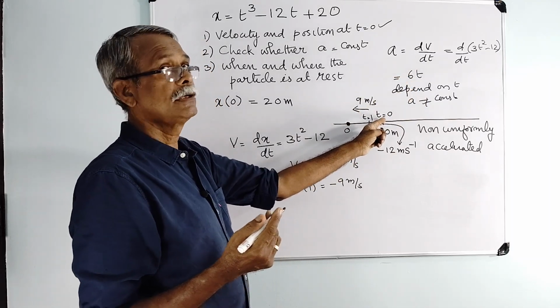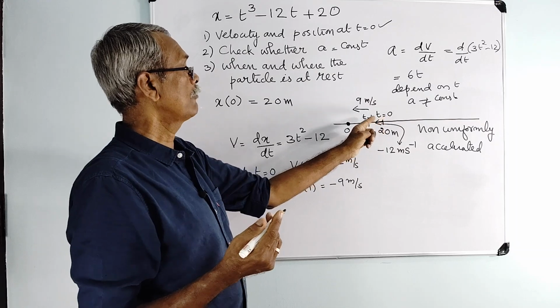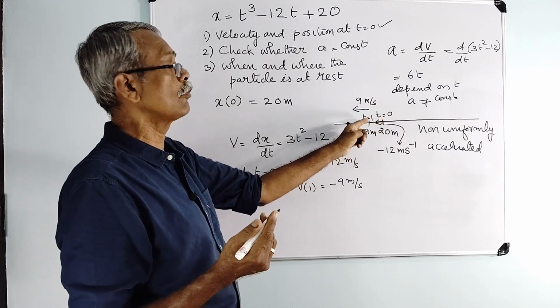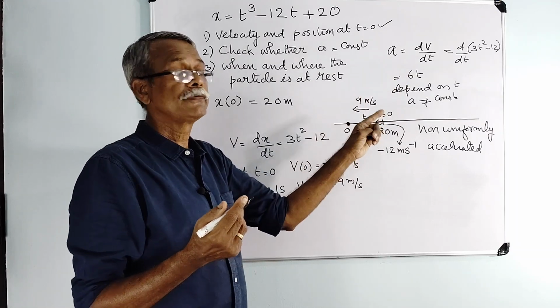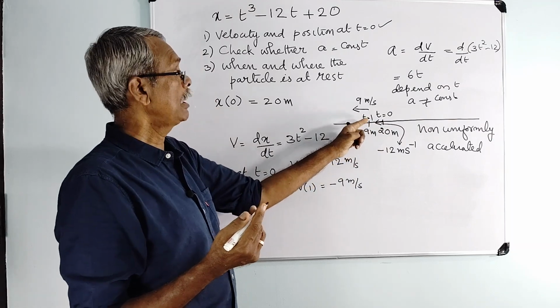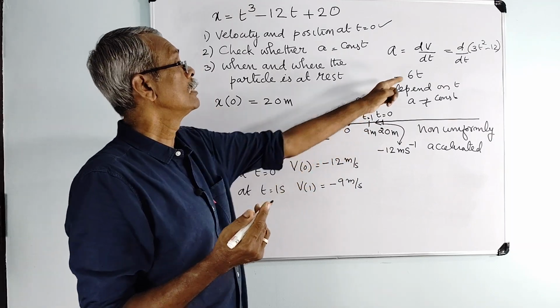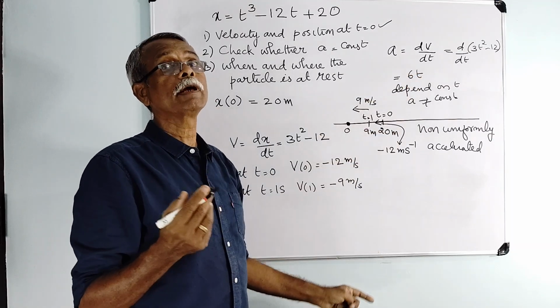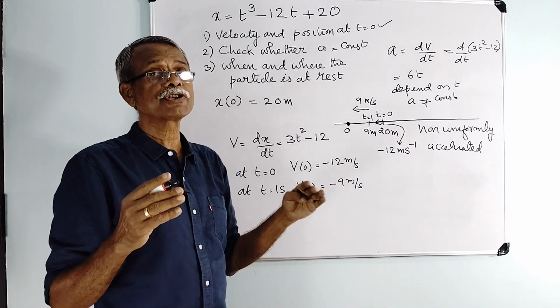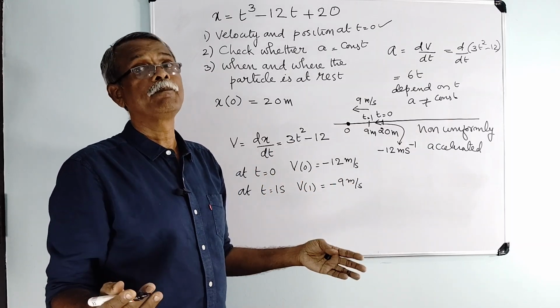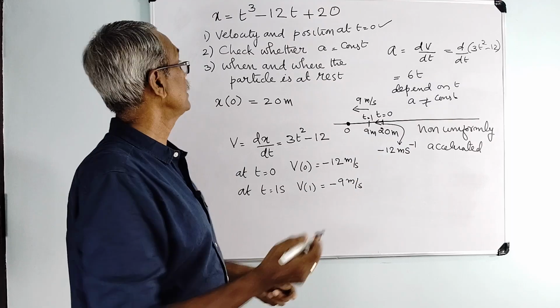But when it reaches t is equal to 1, acceleration will become 6 meter per second square. When it becomes t is equal to 2, the acceleration will become 12 meter per second square. So acceleration varies with time. It is not a constant.